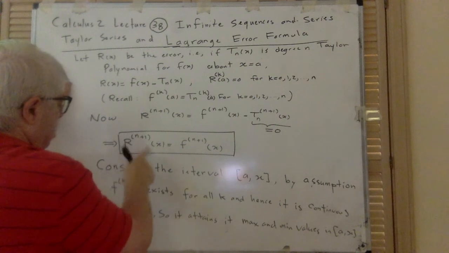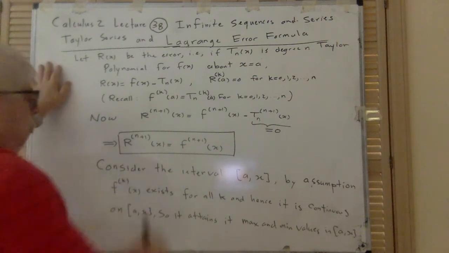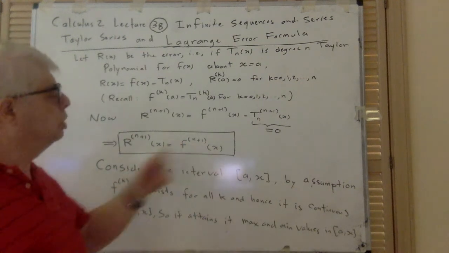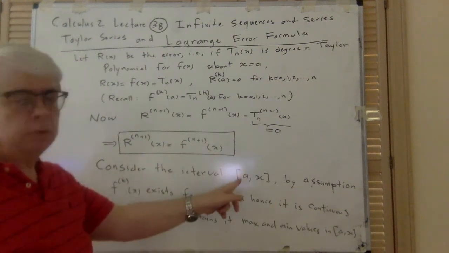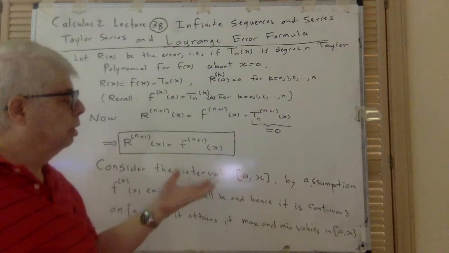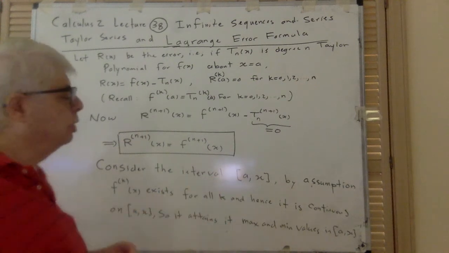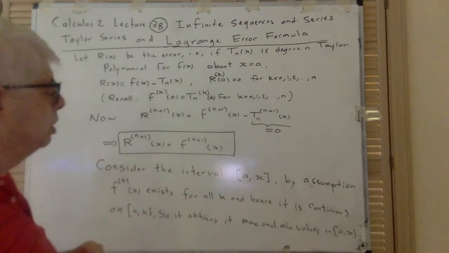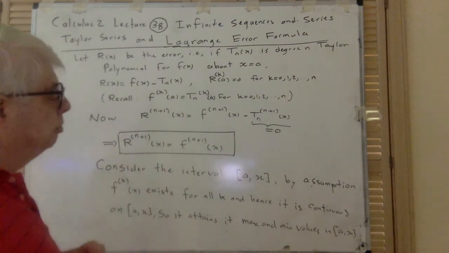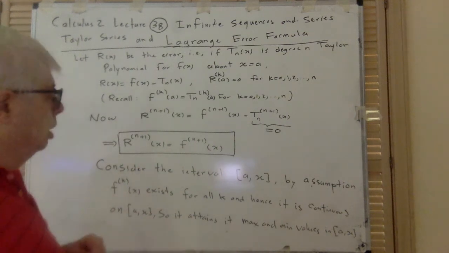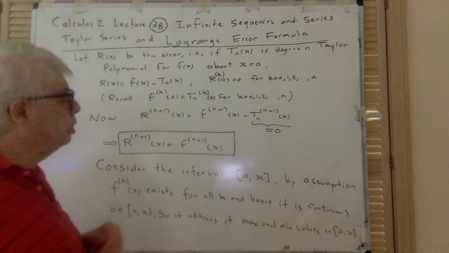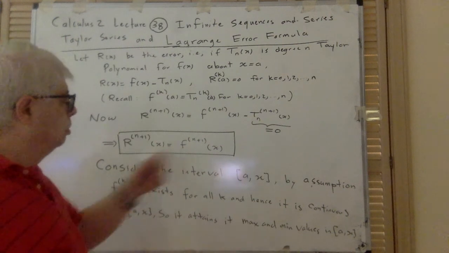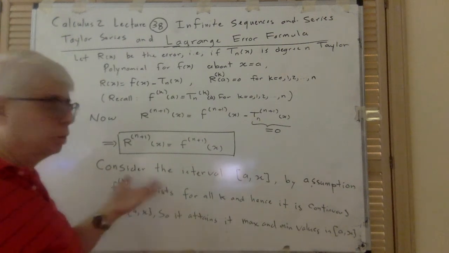Now let's look at this n plus first derivative of f. This is point A, that we are approximating the function about. So let's go further to the right to point x. And let's assume that we have this nice closed interval. Now, we assume that this function f is differentiable for any n, which means it is continuous.